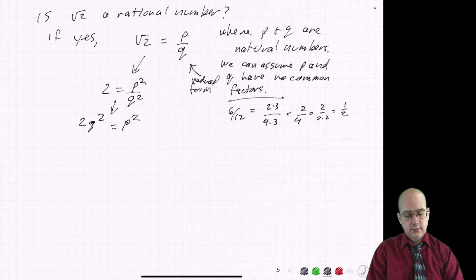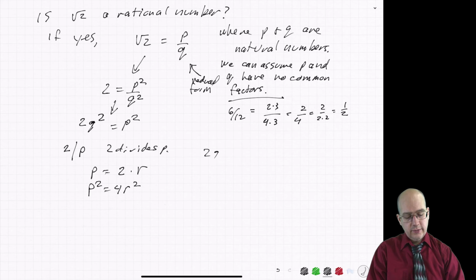That's what that's equivalent to, right? So now we have a product, 2 times q squared, and we've got p squared. So 2 divides p. Namely, p is equal to 2 times some other number r. So p squared is equal to 4r squared.